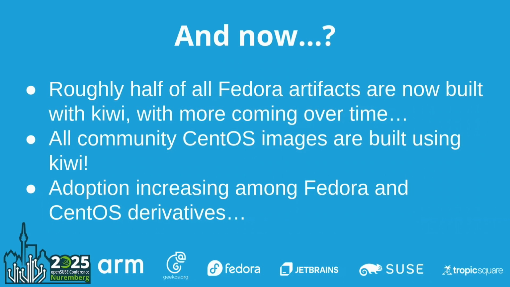So we'll see things like the various immutable desktops are considering leveraging Kiwi for building their stuff. There are new derivatives that are like, well, we want to take different approaches to how we want to produce this, but Kiwi makes it easy for us to make this, and things like that.